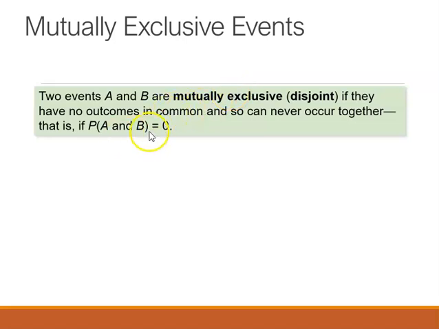Now, certainly there can be overlapping events that can occur at the same time. If we look at our card drawing, if I say the probability of drawing hearts and a face card, that is not mutually exclusive, right? Because there's a Jack of Hearts, a Queen of Hearts, and a King of Hearts. There are 3 cards that are both hearts and face cards. Does everybody feel okay with what we mean by mutually exclusive?